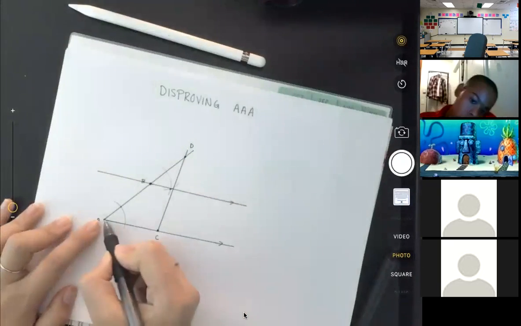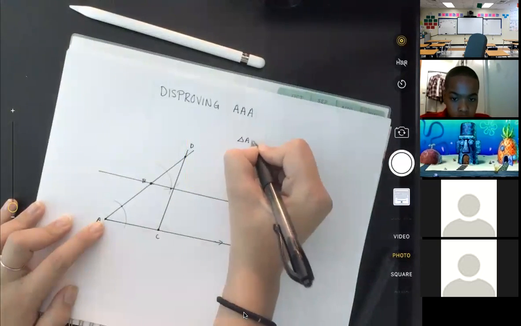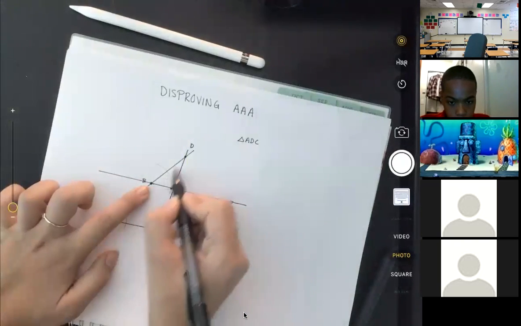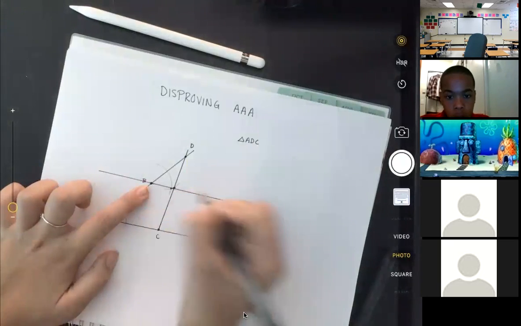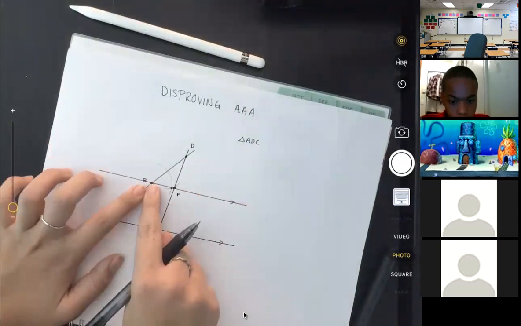So notice I have this big triangle ADC, and then this little triangle. I can call this one, what haven't I used, F? Okay, so I have ADC and I have BDF.